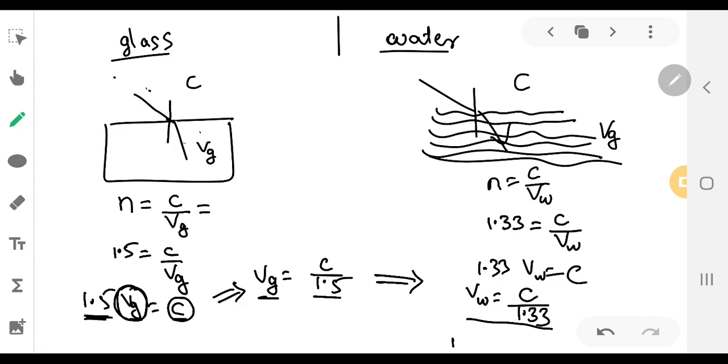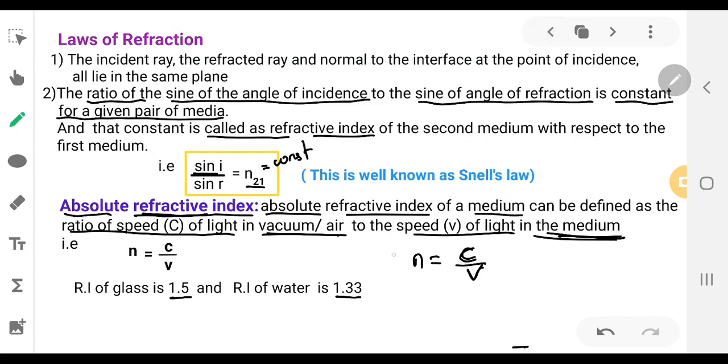So absolute refractive index tells you what happens with the velocity of light when it enters from air or vacuum to any medium, or from any medium to air or vacuum. So you are comparing the speed of light in vacuum and in the medium.